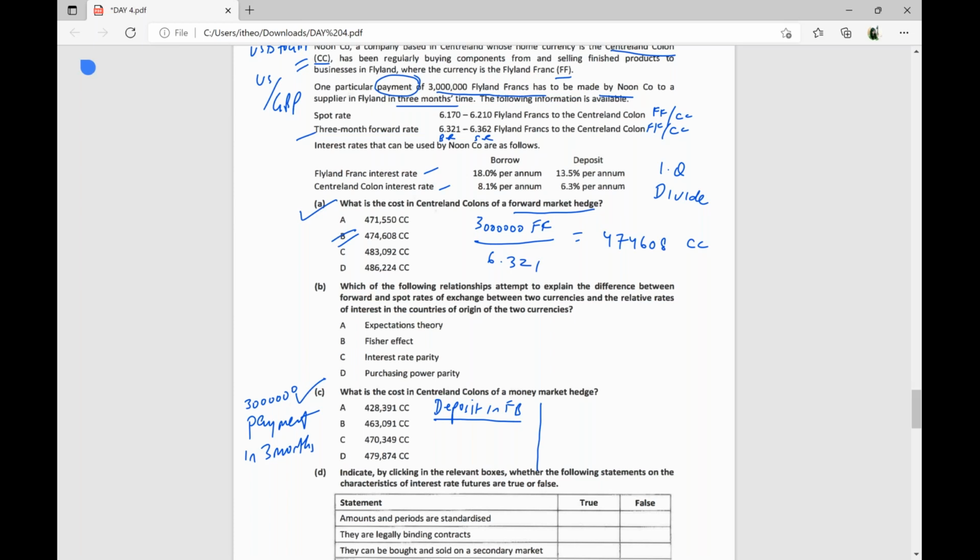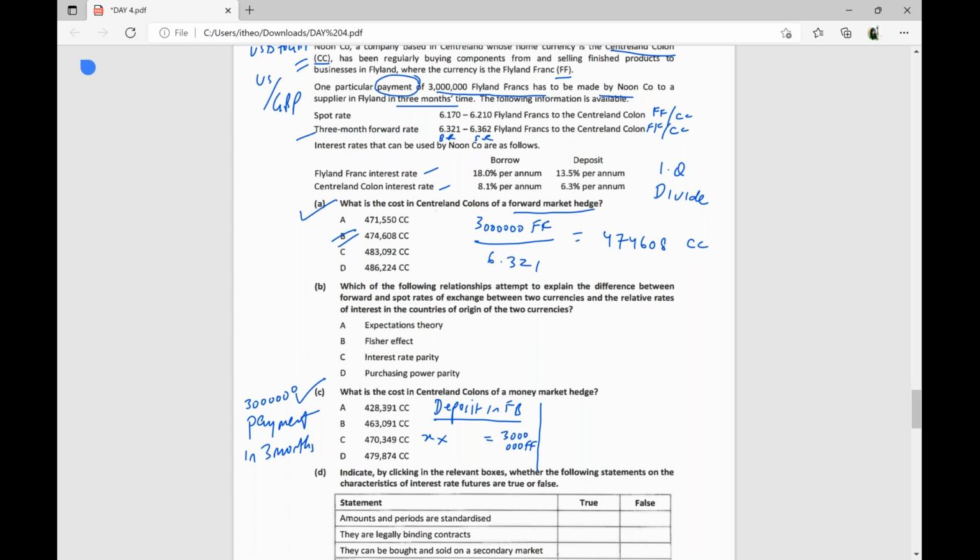Don't deposit the full amount. Deposit some lesser amount, X, so that when the deposit earns interest, it becomes equal to 3 million. In the receipt case, it states borrow from a foreign bank, but in a payment, money market hedging states deposit in a foreign bank. The calculation is the same, but borrowing and deposit are different.